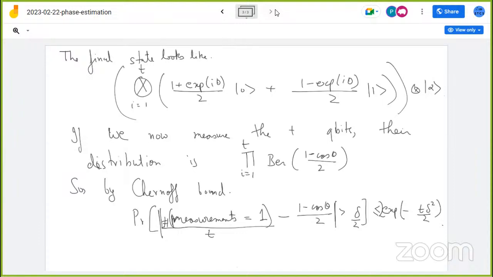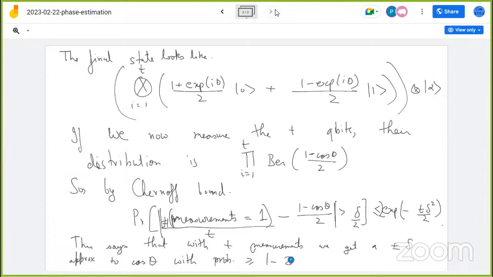This says that with t measurements we get a plus or minus delta approximation to cosine theta, with probability at least 1 minus 2 times exp of minus t delta squared.